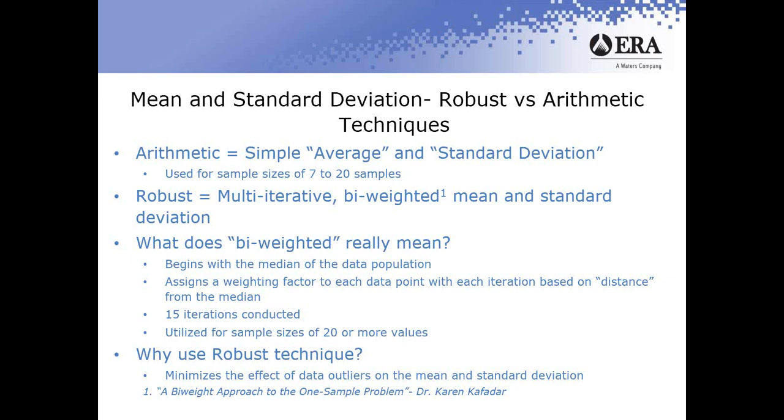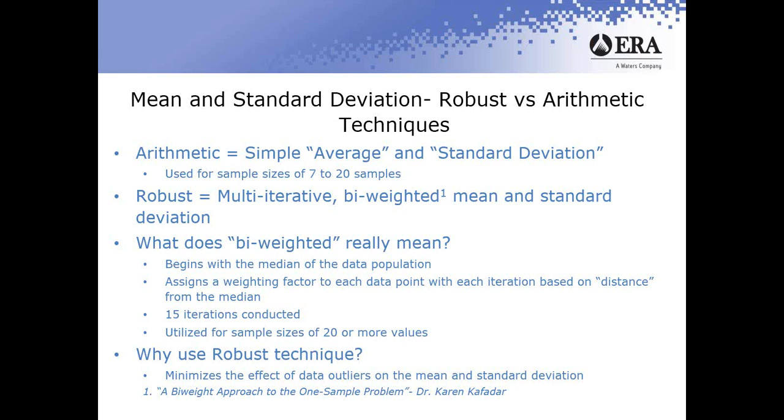Robust mean, which is a multi-iterative bi-weighted mean and standard deviation, is a more reflective way to calculate mean and standard deviation without the influence of outliers. Okay, so what does bi-weighted really mean? Well, essentially it starts with the median of the data population, not the mean.